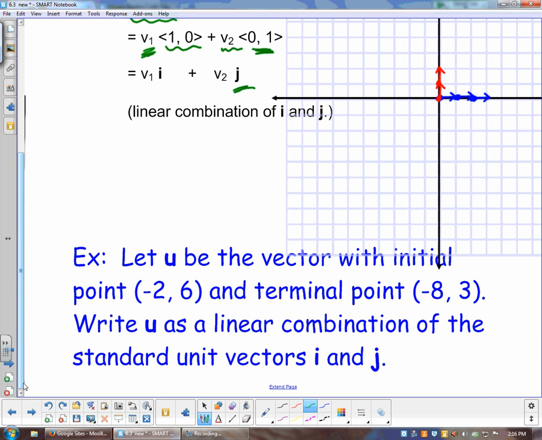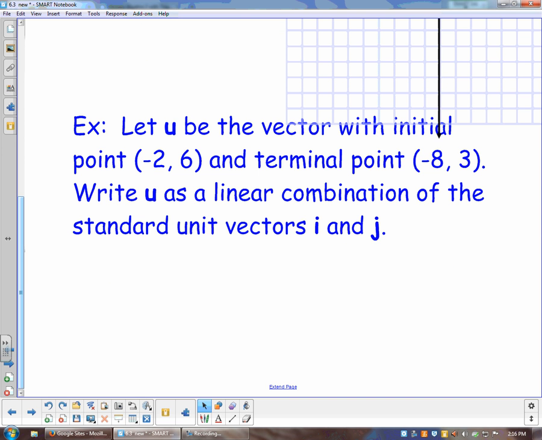Let's take a look at this example. Let u be the vector with initial point -2, 6 and terminal point -8, 3. Write u as a linear combination of the standard unit vectors I and j. So in order to do this, I would first write this in component form.